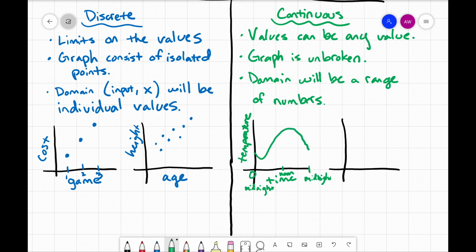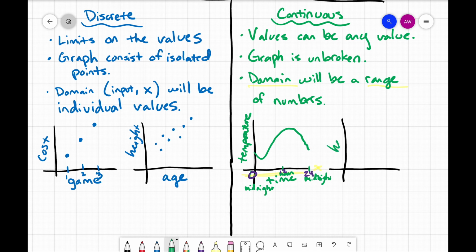I was able to draw this graph without picking up my pen, so the graph is unbroken. And the domain, which is the x along left, right, that's our input, that is a range of numbers. It's any time along the span from really 0 to 24.